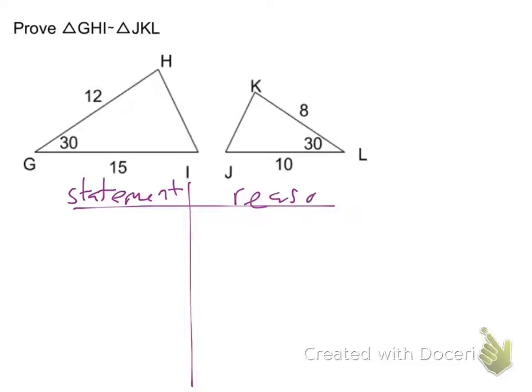Statement and reason. Number 1, what are we stating? Well, because they're just giving us the diagrams, you probably should go ahead and state that side length of GH is 12, GI is 15, and so forth, okay?